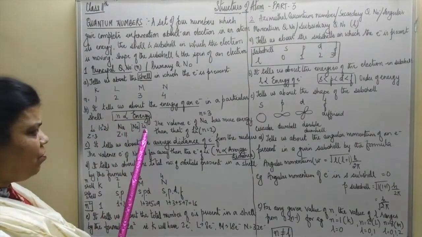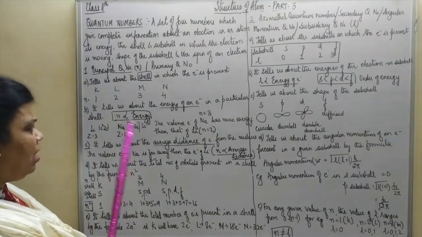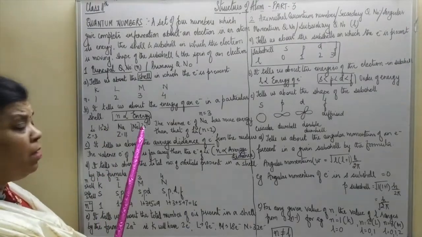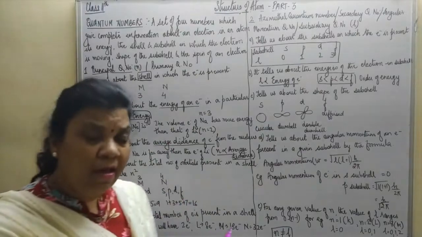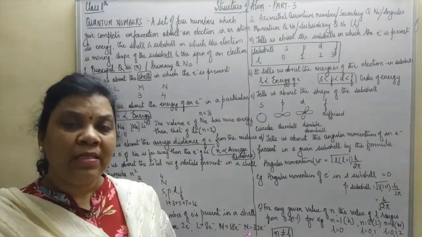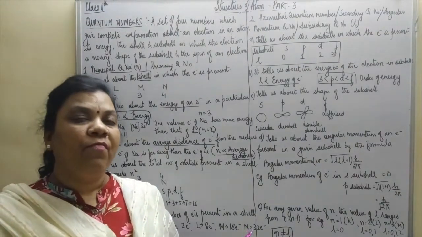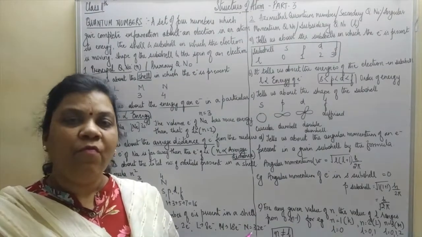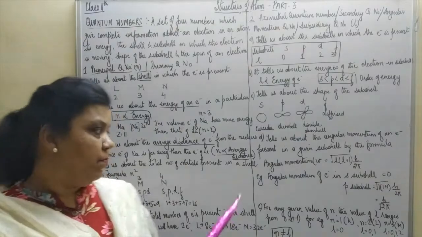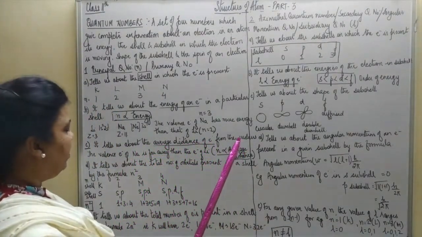Here the valence electron is in n equals 3, and here it is in n equals 2. For sodium, the value of n is greater, hence we say that the valence electron of sodium is far away from the nucleus in comparison to the valence electron of lithium, for which the n value is lower than that of sodium. So it tells us about the average distance of the electron from the nucleus.